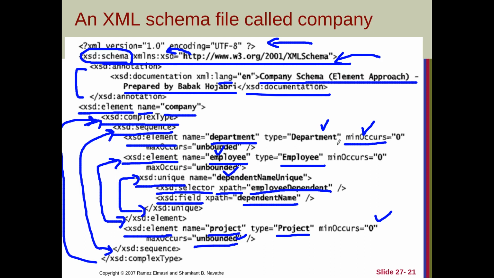The department properties, employee properties, employee is being added with a unique attribute, then project properties, then sequence ended, complex type ended. So the outline is clear, a company with department, employee and project. The outer portion is now cleared.